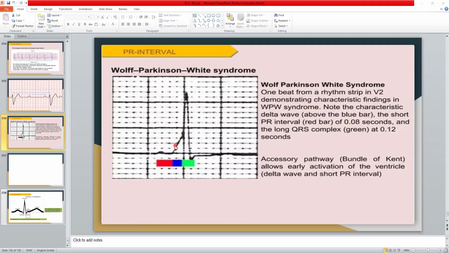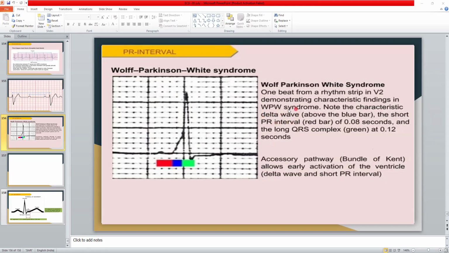The presence of the delta wave is better seen in the long strip, that is the rhythm strip of lead 2, which is usually at the lower end of your ECG paper. Because of this accessory pathway, the ventricle beats prior to the normal pathway. This slurred upstroke of the QRS complex denotes the delta wave.